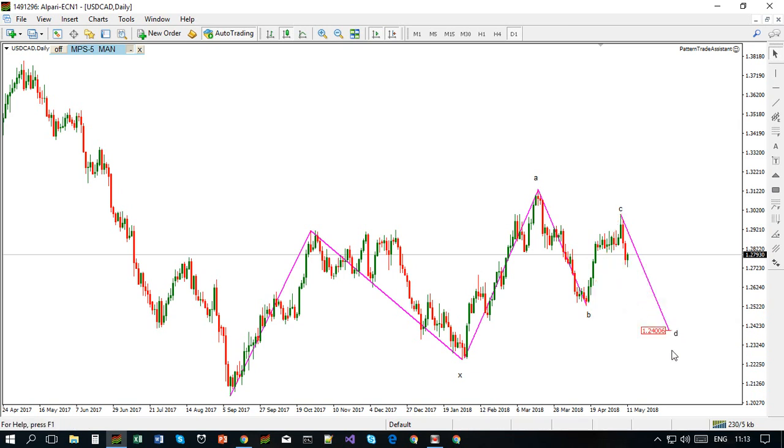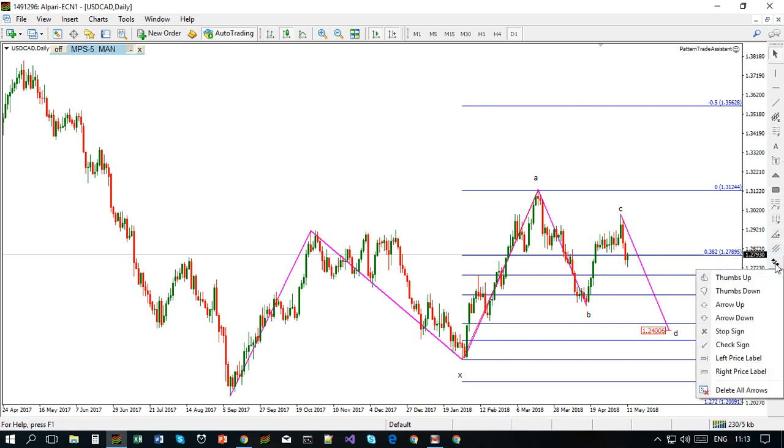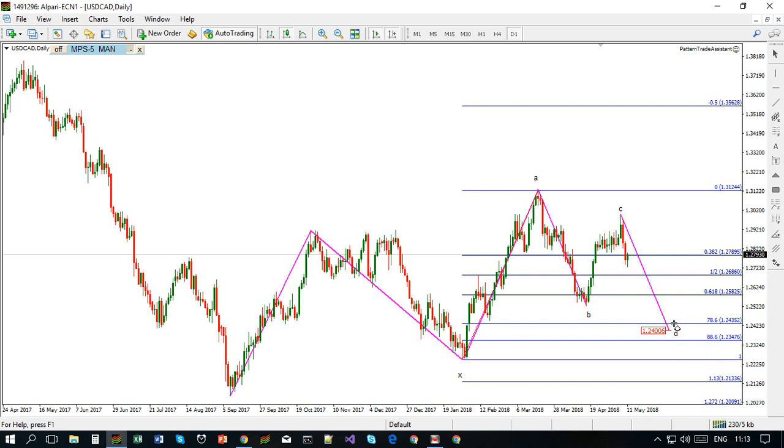And another level that should complement this D point is the X to A retracement. And this retracement should be 786. Let's go here. Let's go right label. It is 786. Something like this.